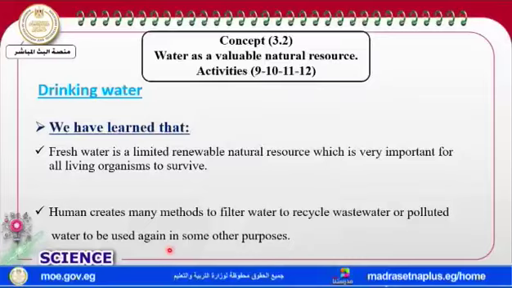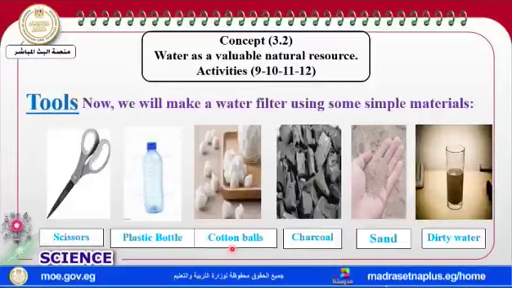So the human must recycle the water to be used for other purposes, like what? Like irrigation. We can't drink this reused water, but we can use it for other purposes, like what, my dear students? Like irrigation.